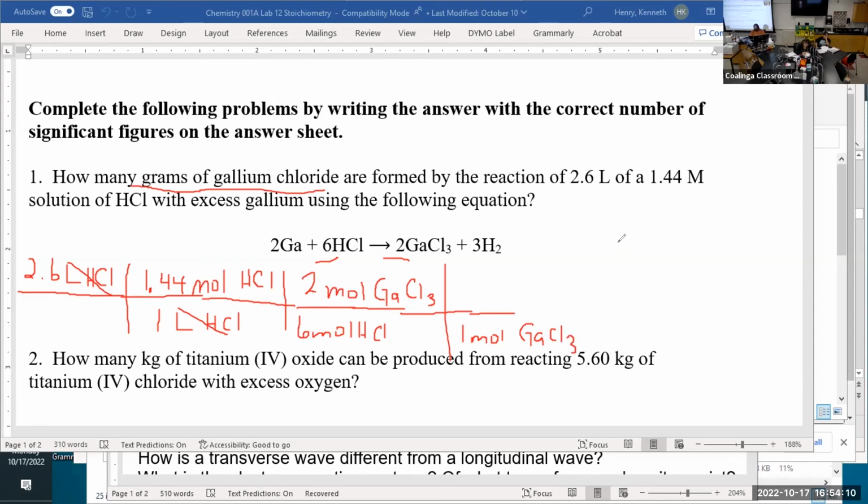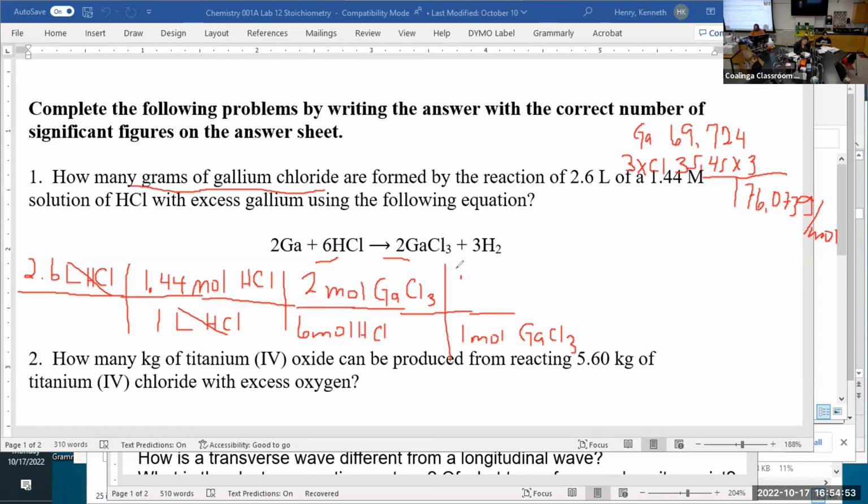So that's 69, 176 altogether, and that's going to be grams per mole.